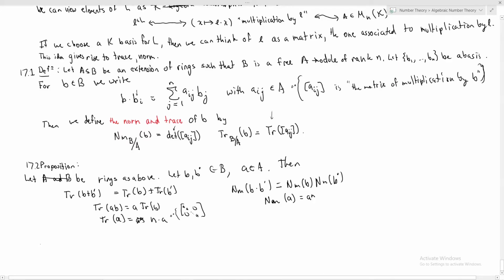We're not going to prove this. And I'll make the remark. So this is 17.3. The notation B over A is omitted if it's clear from context.